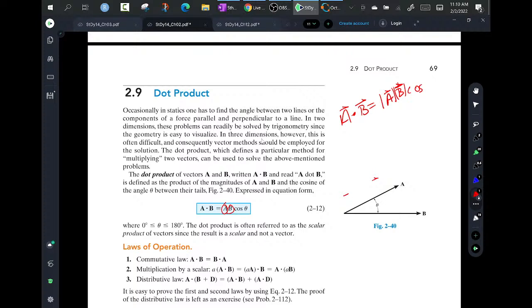Some textbooks put a subscript AB, indicating the angle between vector A and B. I won't even do that here, but this is the typical math representation. I'm going to quickly cover what he's got, and then look at the implications compared to what we already did.